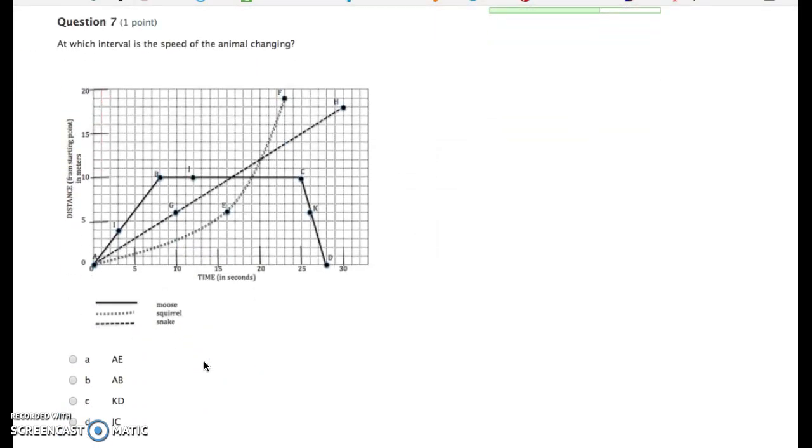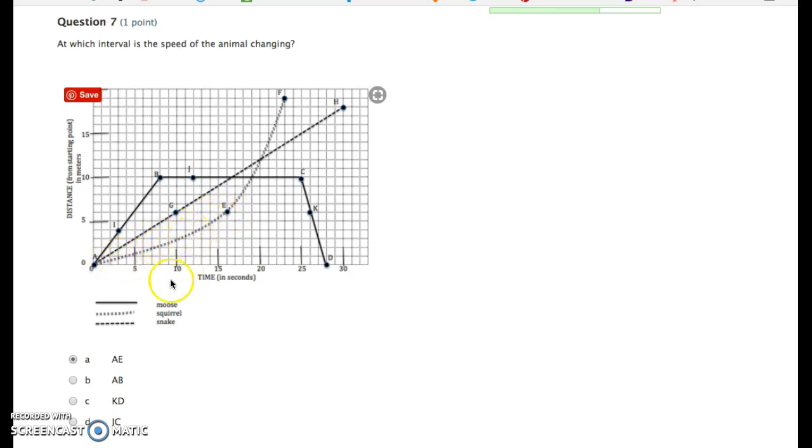Question 7. At which time interval is the speed of the animal changing? This is the question I confused with the constant speed one earlier. So segment AE is the best choice because it shows a curved line. Anytime that you see a curved line, that's going to represent changing speed.